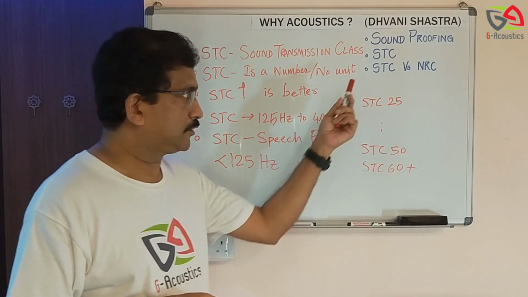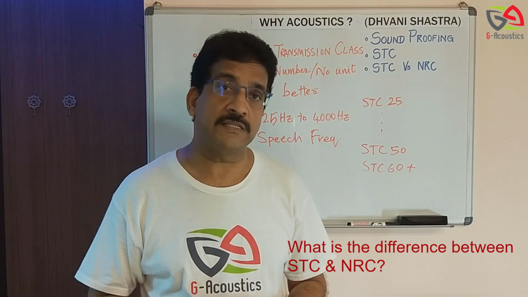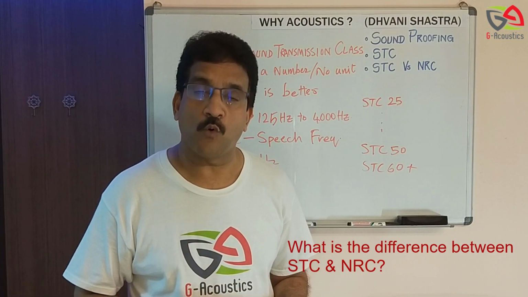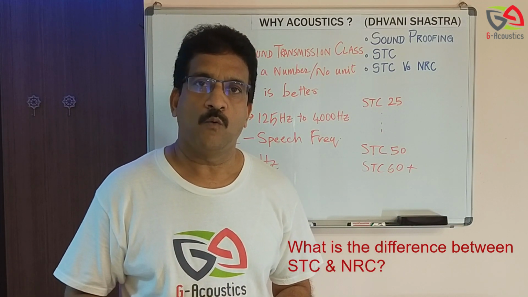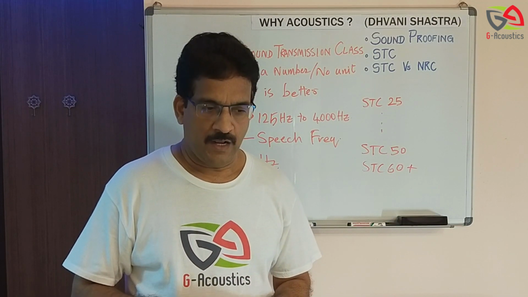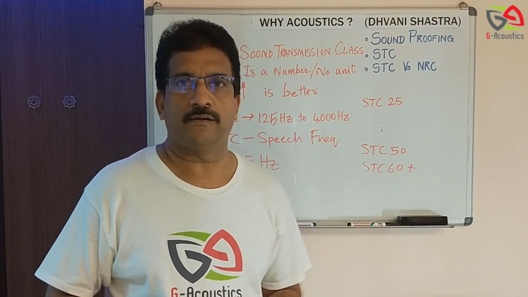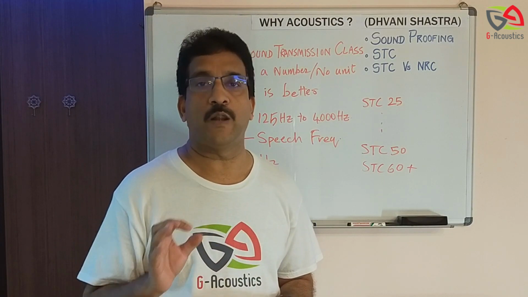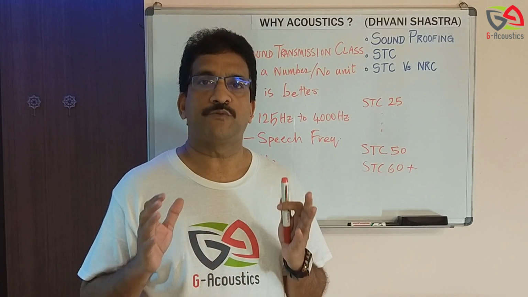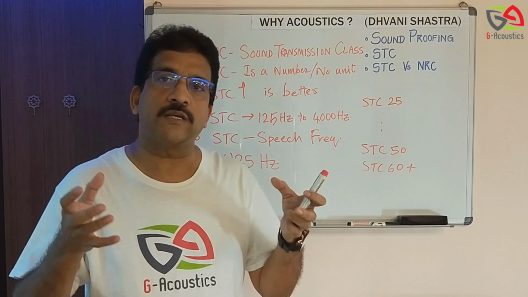Coming to the third topic, STC versus NRC. NRC, what is that? It is the noise reduction coefficient, which we dealt with in one of our lectures. NRC value, again, is a unitless thing. It is measured between 0 and 1, right? Noise reduction coefficient is a specification for a specific acoustic material.